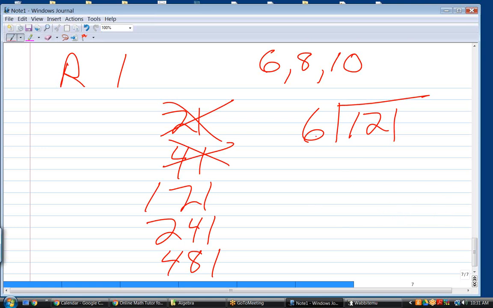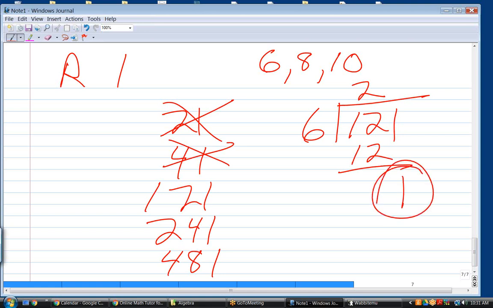Okay? Now, if I divide 6, it won't go into 1. So, will it go into 12? How many times? 2. Now multiply 2 times 6 to write 12. Subtract those. Bring down the 1.